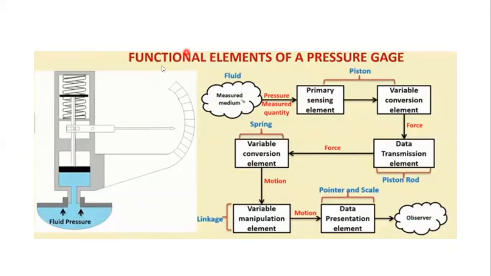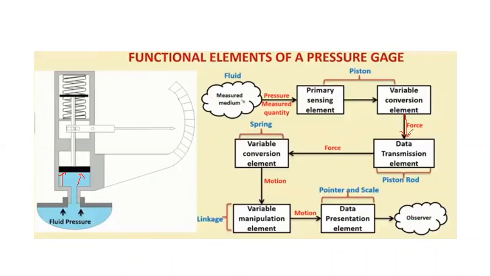So it exerts a force on that piston rod. When we increase the fluid pressure, this fluid will exert a pressure on the piston rod. So we converted that pressure into force by using the variable conversion element.